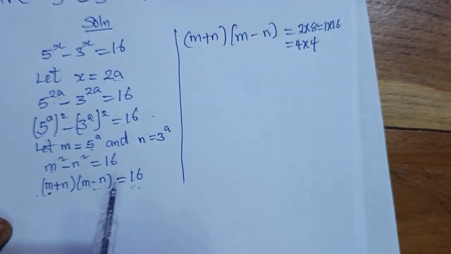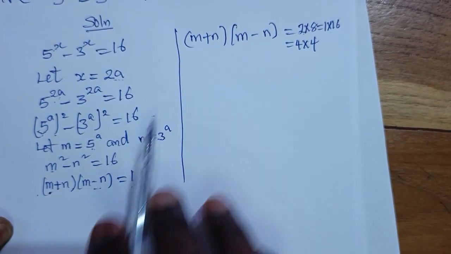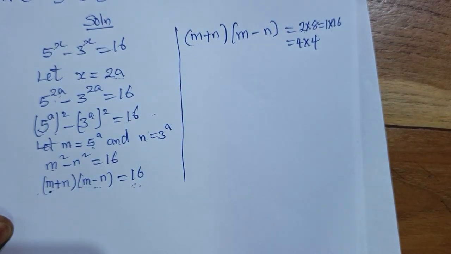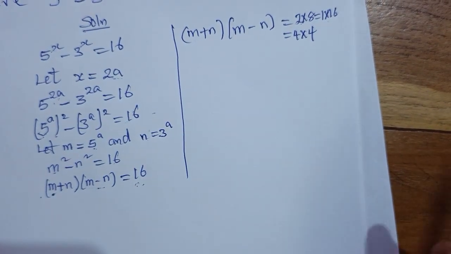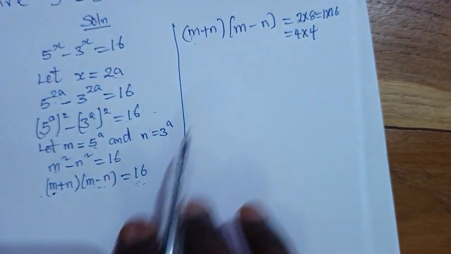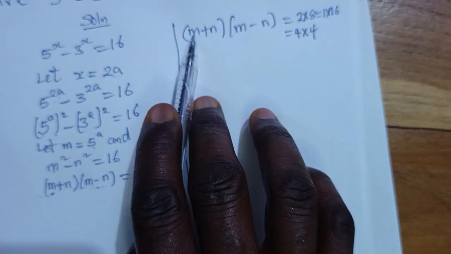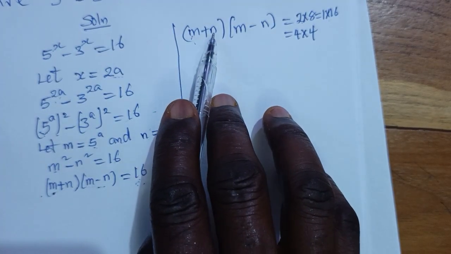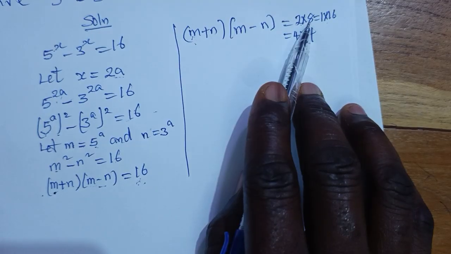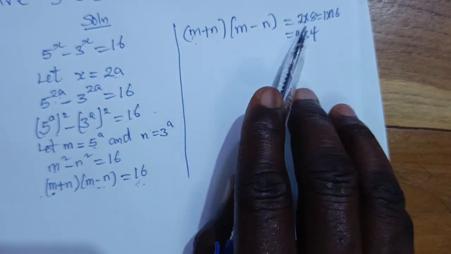That means if you multiply two numbers together to give an even number, either one of the numbers is even, or both numbers are even. Because of the nature of the number we are given, which is 16, m plus n must take the higher value of the two factors, while m minus n will take the smaller.